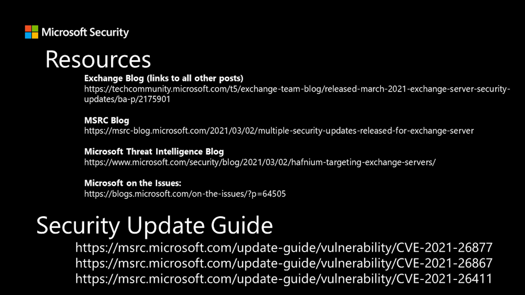I also have some links to some Exchange focused issues, talking about what products are supported, talking about the issue itself. And then there's also the threat intelligence blog, which gives you the indicators of compromise that you'll need so that you can investigate your own environments for any kind of compromise.